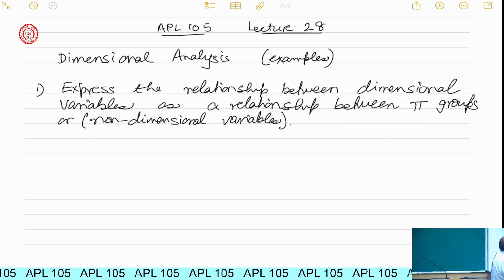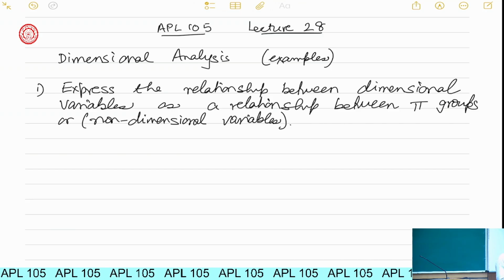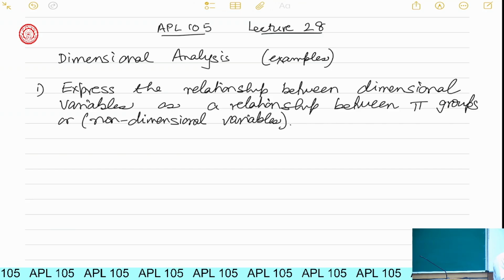Express the relationship between dimensional variables as a relationship between different pi numbers.